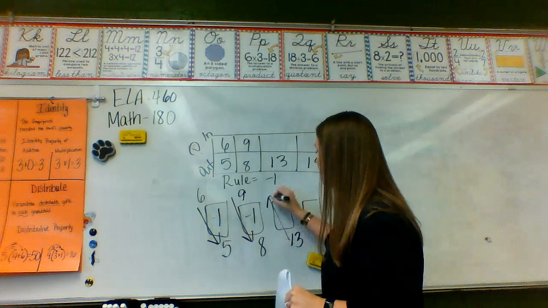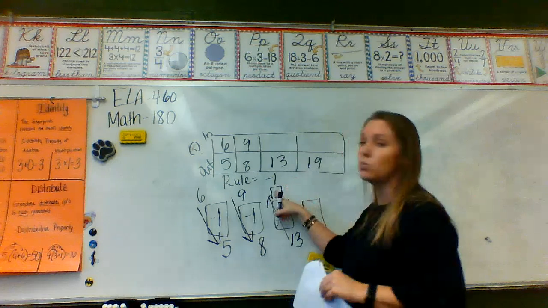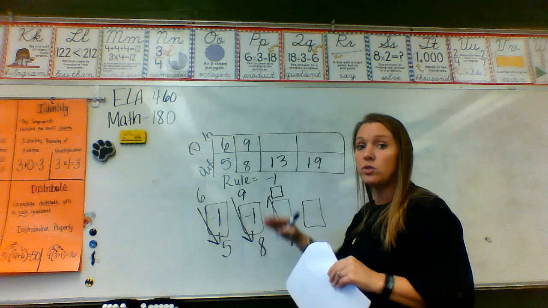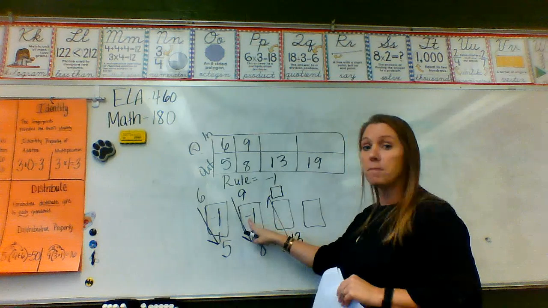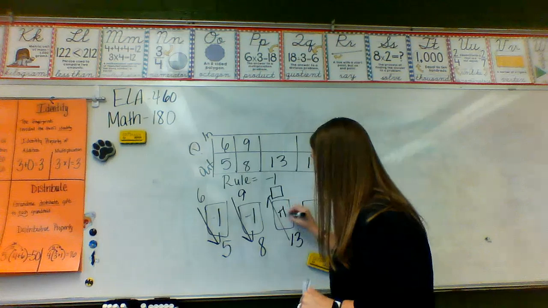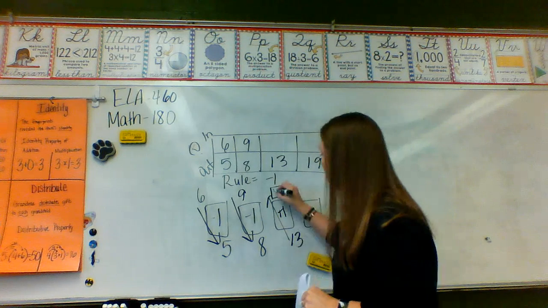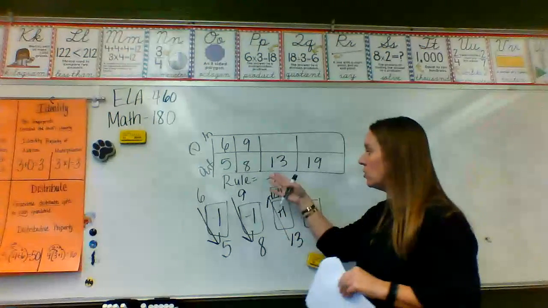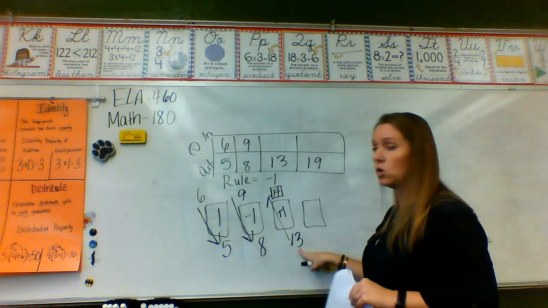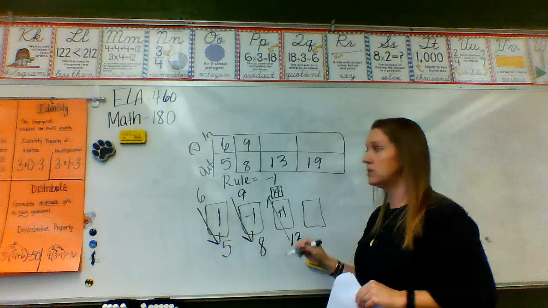I'm going to go up because I need to know what we started with. And when we go the opposite direction, we have to do the opposite. So instead of minus 1, we're going to add 1. So 13 plus 1 is 14. So that when I apply the rule, 14 minus 1 equals 13, we are still correct.